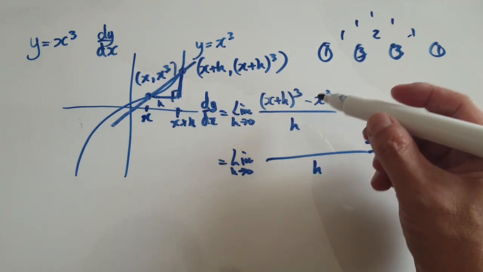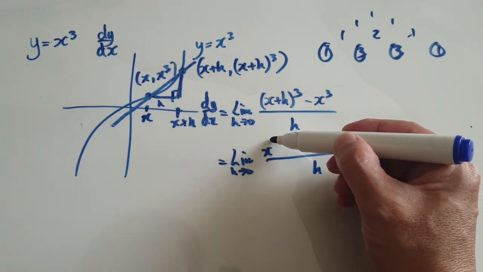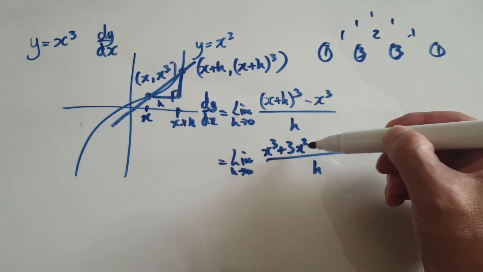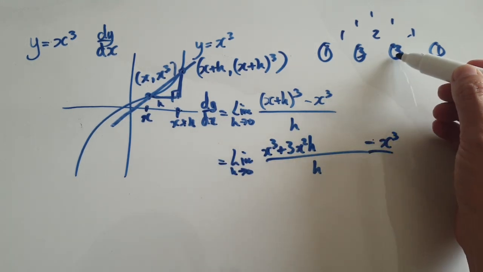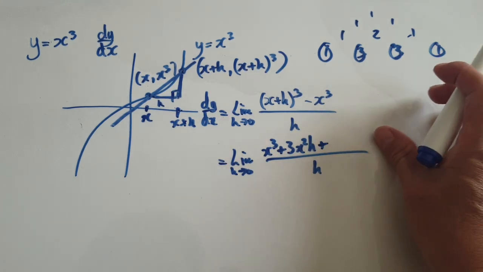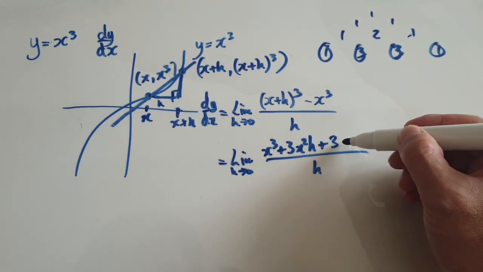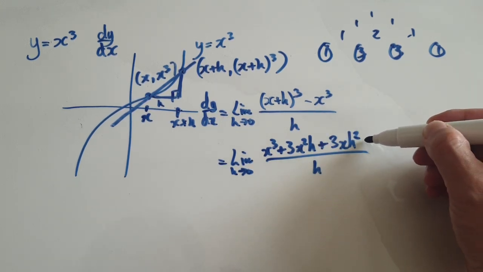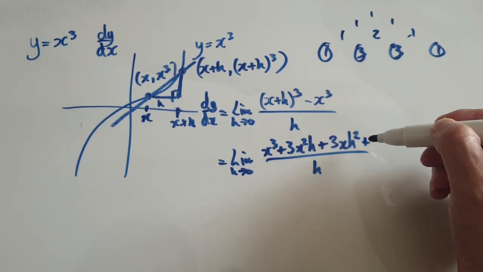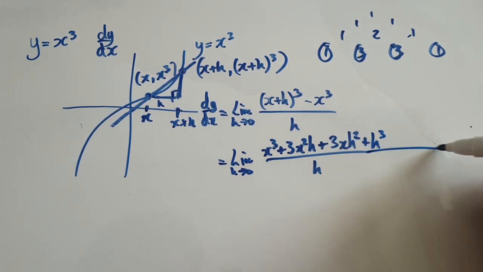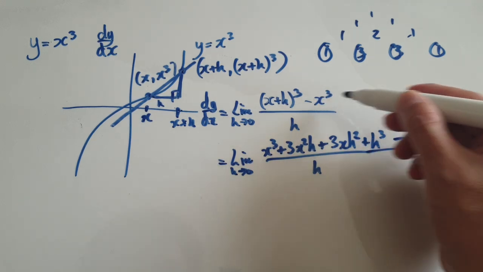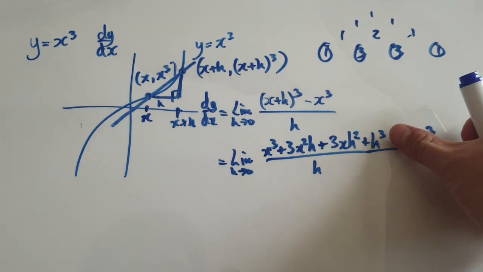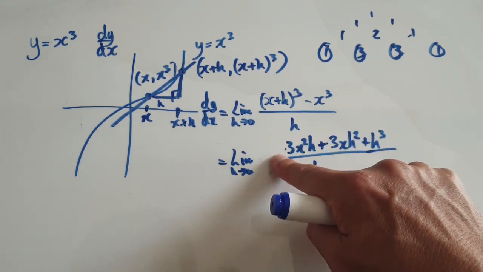And then to multiply this out, the coefficient would be 1, x to the power 3, plus 3, and then the x goes down by 1, the h goes up by 1, and then plus this 3, and then the x goes down by 1, the h goes up by 1, so h squared, and the last coefficient would be 1, and then h to the power 3, and then we've got take away this thing here. So we would cancel these two out. That would then give us this.